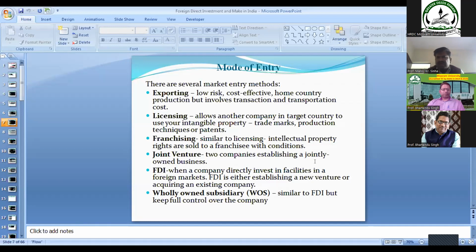They allow another company in the host country to carry out the business activity, and they give the license of intangible property in the form of trademark, production technique, and patent, but put certain conditions with the license, and their presence can be shown. Take the example of McDonald's. That is the trademark. We are using the M, a special M type. So that is licensing.